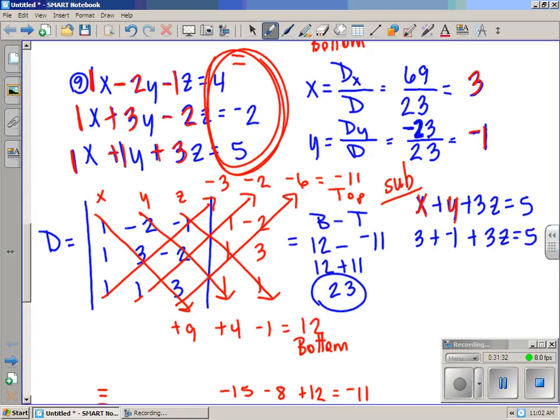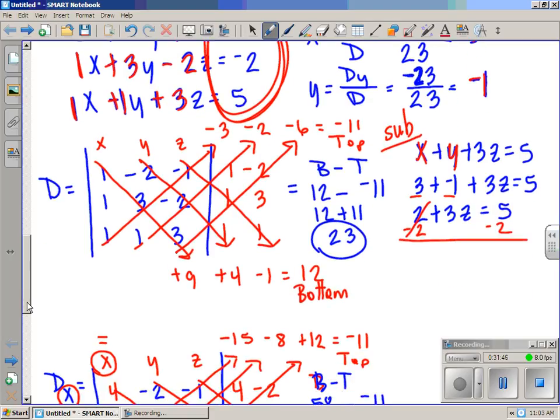Clean it up. 3 and negative 1 would be a 2. Letters left, numbers right. Subtract 2 from both sides. Divide by 3. And we get z to be 1.